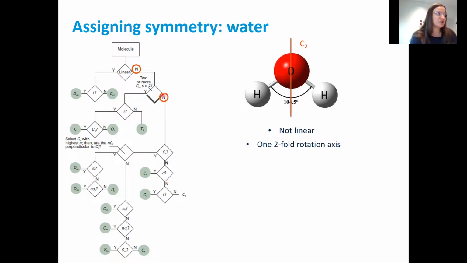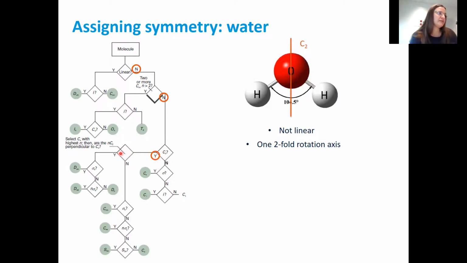By nature of this, there is nothing with a Cn higher than 2. So you can go off from here as a no. Do you have any Cn? Yes, we just say that we have a C2 rotation axis.